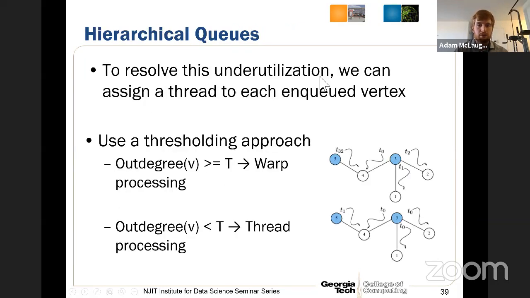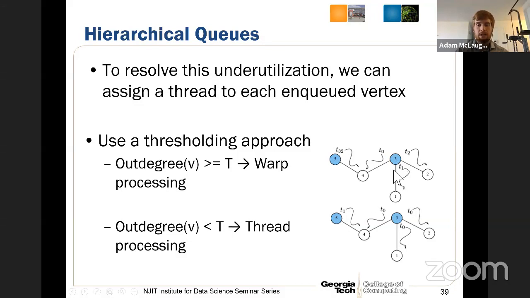To resolve the underutilization problem, we can also assign a thread to each enqueued vertex instead of a whole warp. The difference between the last slide and this one is that we were assigning a whole warp of 32 threads, and we could instead assign just one thread if we know that the out degree of the vertex is particularly small.